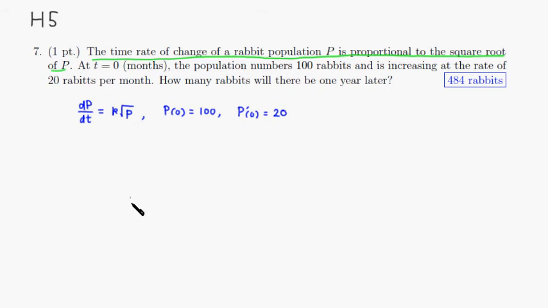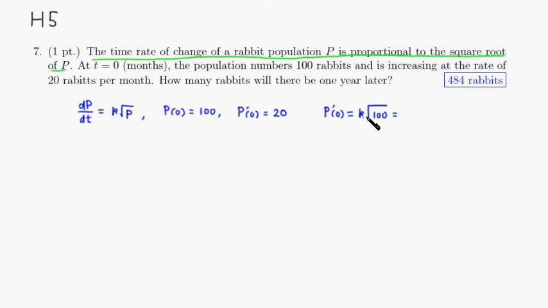All right, let's solve that. First, we can actually find out what the K is. So if you plug in t equals 0, P prime of 0 is equal to K times the square root of P of 0, which is 100.